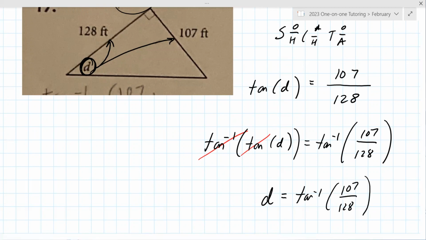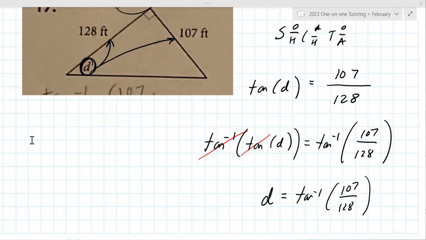Would it make sense to multiply 107 or... No, just let your calculator do all this. So tan minus 1, it's under the second function. There we go.